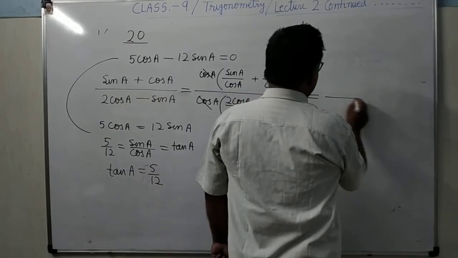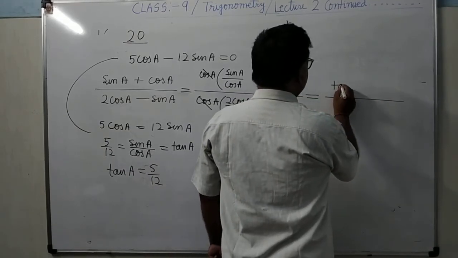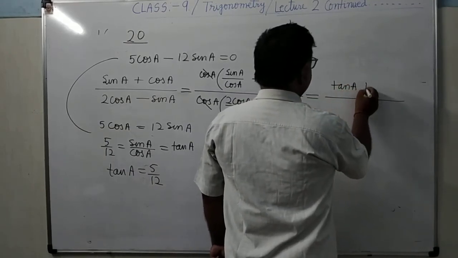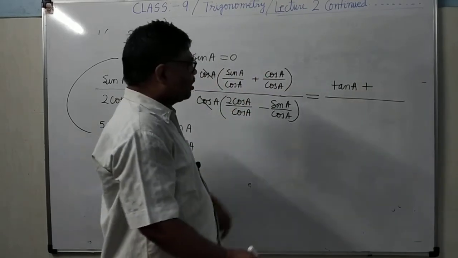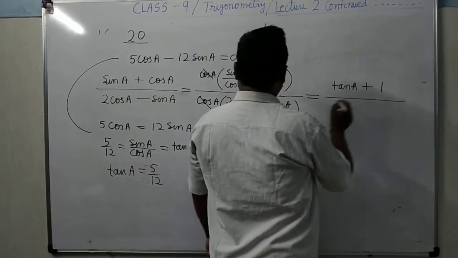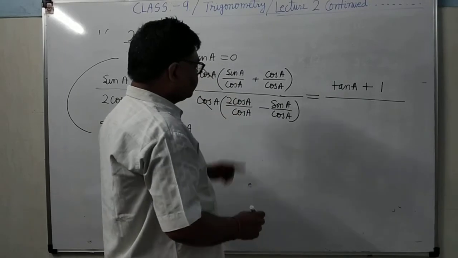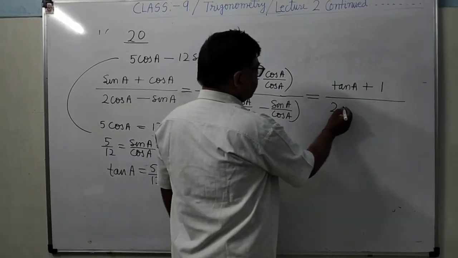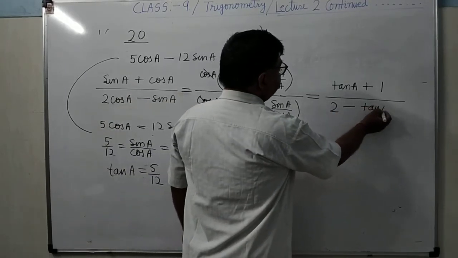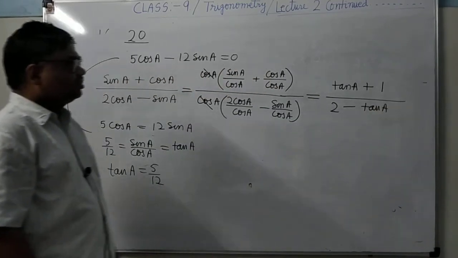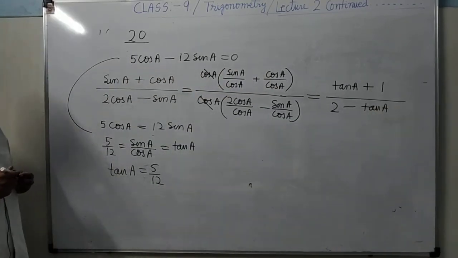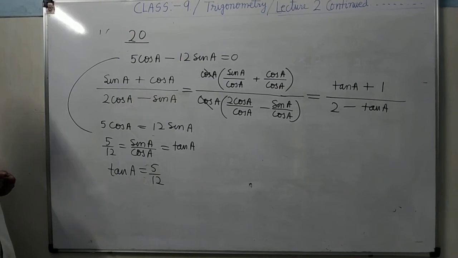Sin A upon cos A is what? Tan A. Plus cos A upon cos A is 1. Then here cos A cancels, and that will be 2 minus tan A. This whole expression has reduced in terms of tan A.